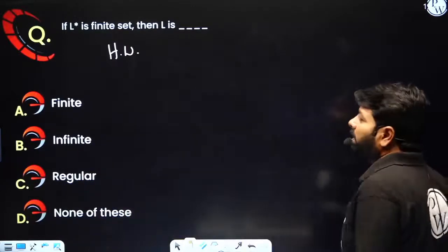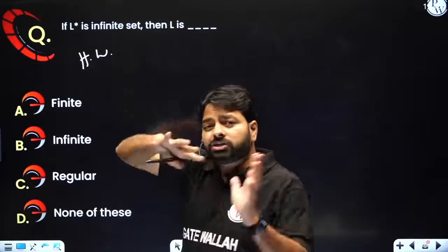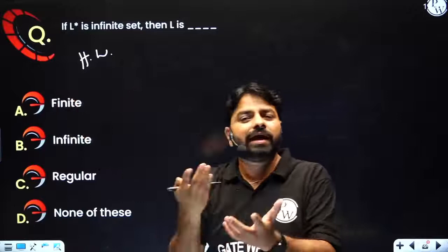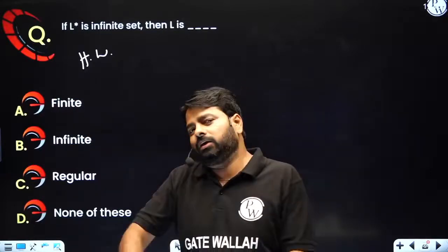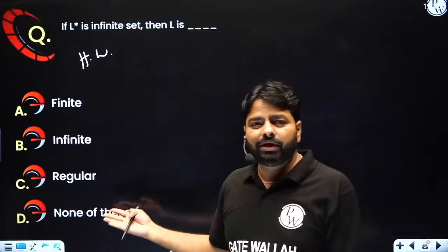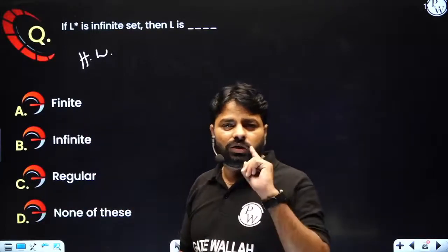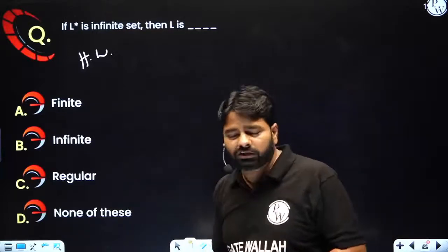Another one I'm discussing, but it is homework for you: when L star is infinite, then L may be finite or L may be infinite. You do not know which, right? Two choices are possible. And when L star is infinite, L may be regular or non-regular. The answer is already there in my words, but you should think about what the right answer is.